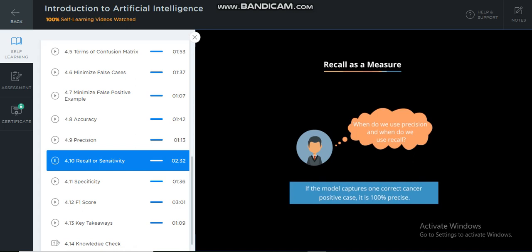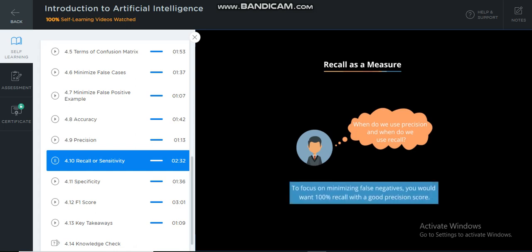If we manage to capture only one cancer case and capture it correctly, then we are 100% precise. Whereas recall is not so much about capturing cases correctly, but more about capturing all cases that have cancer with the answer as cancer. So if we simply say every case is cancer, we have 100% recall.